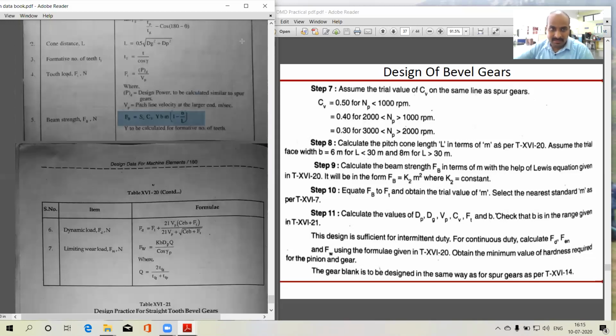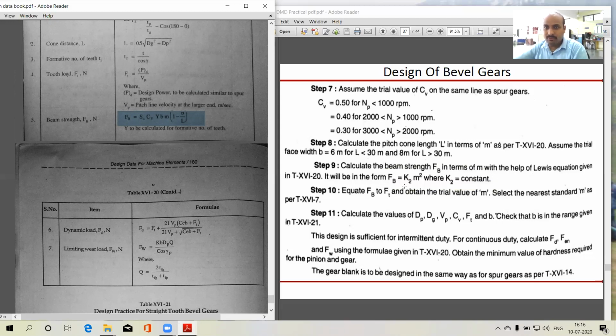Another term is module, which is in the form of module only. That all FB, the calculation of FB will be in the form of module square. Module square means FB. See step number 9. Calculate the beam strength FB in terms of module with the help of Lewis's equation, what we discussed earlier.